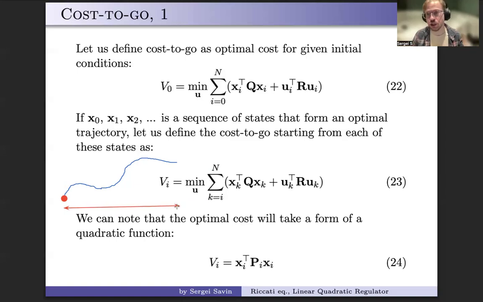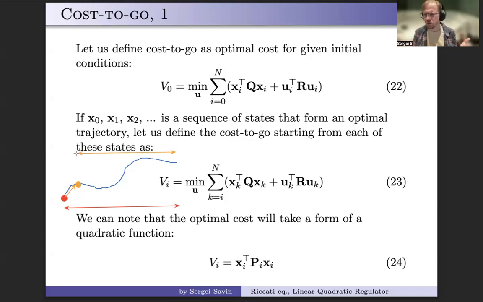And indeed, it has to be optimal. If we are trying to find optimal cost to go, this would have to be optimal cost. Now, after we made a single step, let me show the step like this. We make a single step on the trajectory. We are now here, right? So we can compute optimal cost from this point as well, right? And it will be something like this.